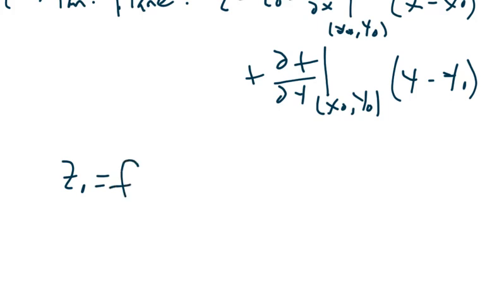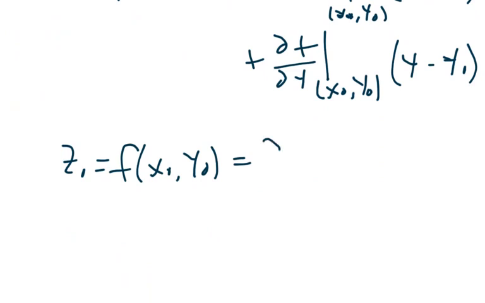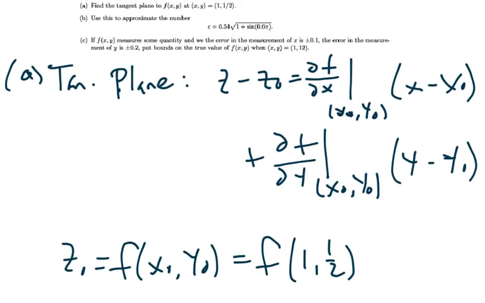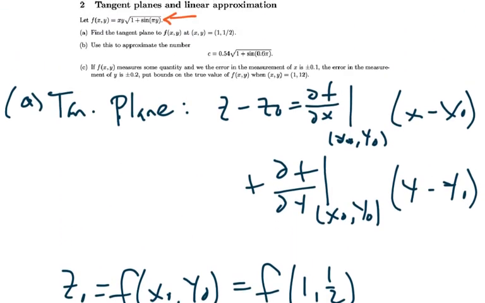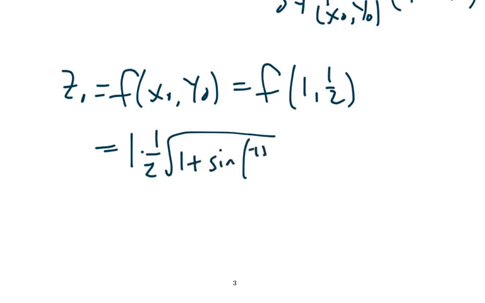Well, this is f at x0, y0. x0, y0 are 1 and 1/2. This is f at 1, 1/2. And we see for xy, square root of 1 plus sine pi y, we have 1 and 1/2, square root of 1 plus sine pi over 2.